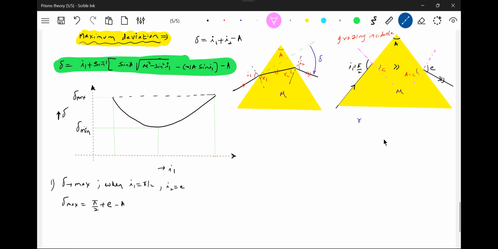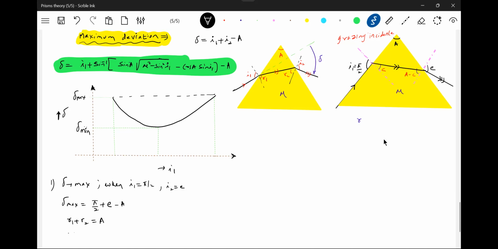I will redraw it. Okay, so R1 plus R2 is equal to A. Looking at the diagram, R1 plus R2 is equal to A. I'll write all these things nearby, later on I'll bring it.